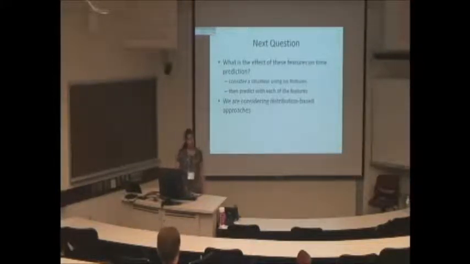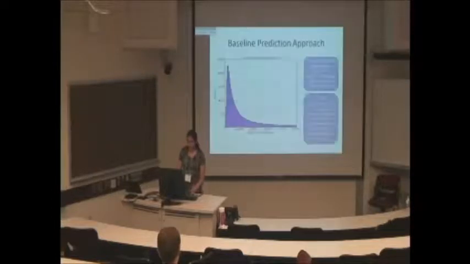So we can consider two different scenarios, one in which we use these features, and one in which we don't. And we're only considering distribution-based approaches, and we'll see what that means in a moment. If we take the most obvious approach possible, it's to take one constant value and predict it all across the board, regardless of what any other information you have.